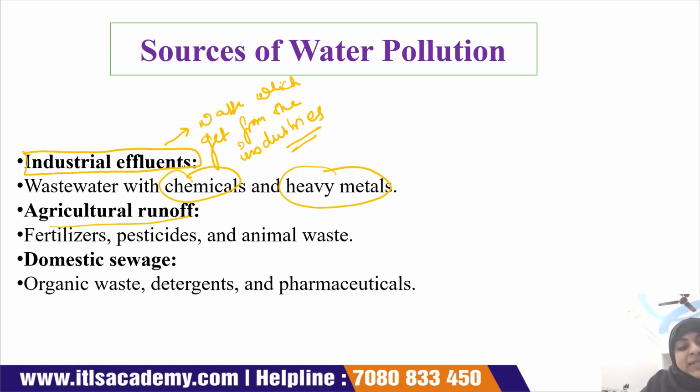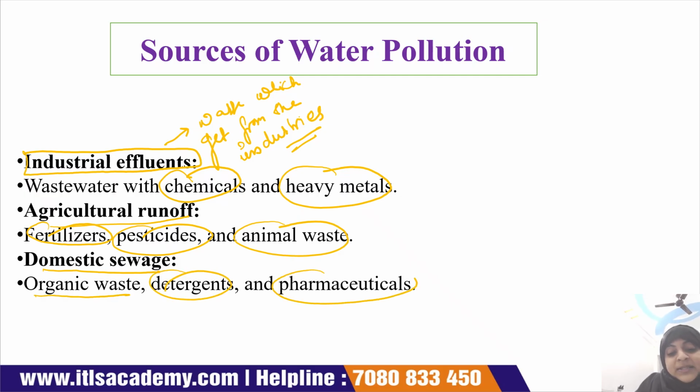Agriculture runoff means the harmful substances present in agriculture which, during runoff, reach the water bodies as pollutants, like fertilizers, pesticides and animal waste, domestic sewage, organic waste, detergent, pharmaceuticals.